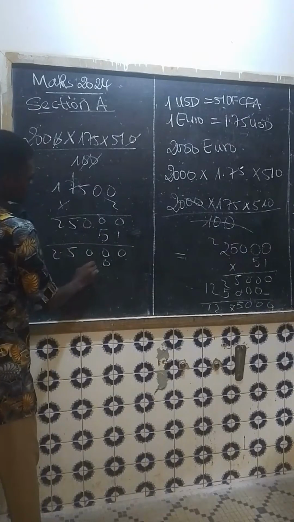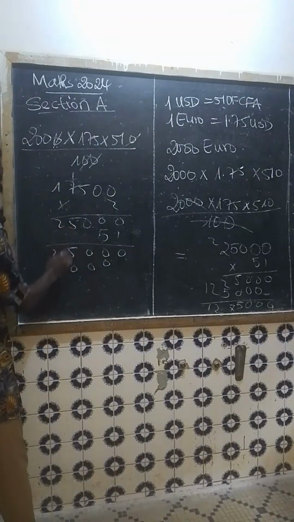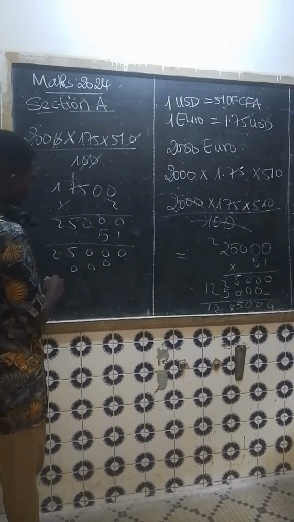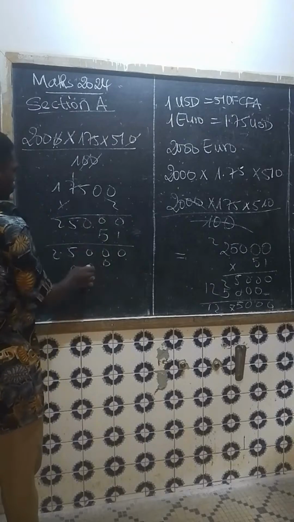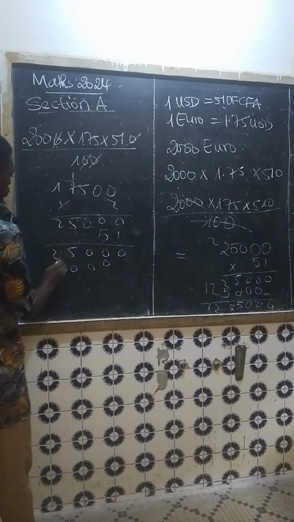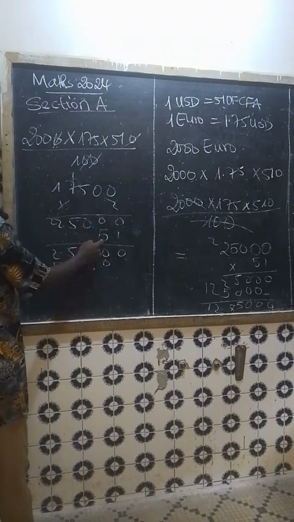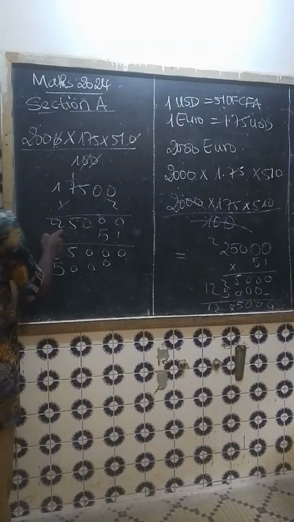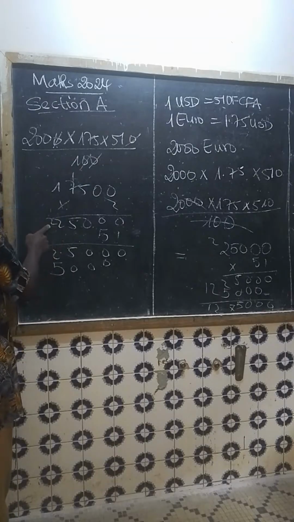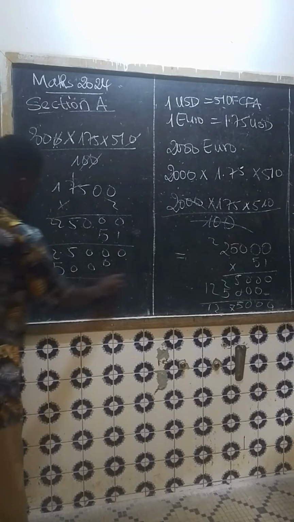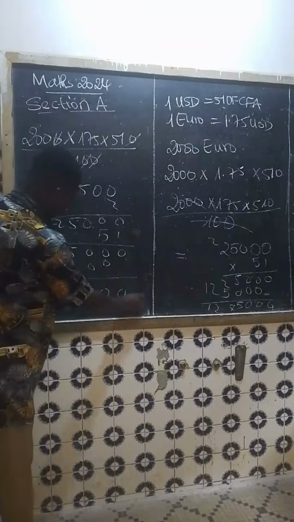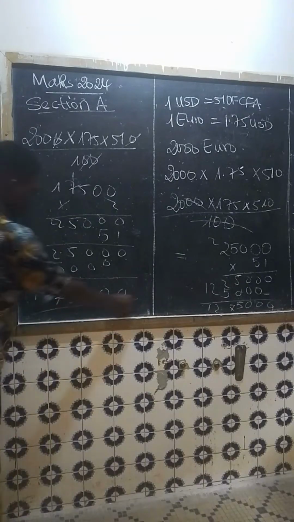We multiply by 5, 25. Okay, it's to the zero, it's okay. And then 5 times 2 is 10. 10 plus 2, so 12. 1, 2, 5, 0, 0, 0. It's not there.